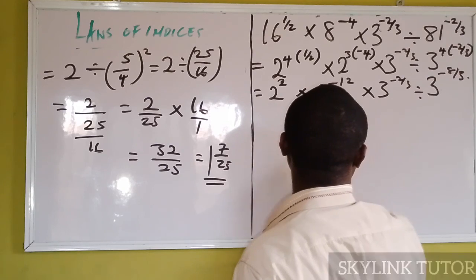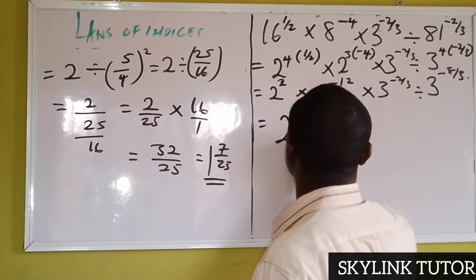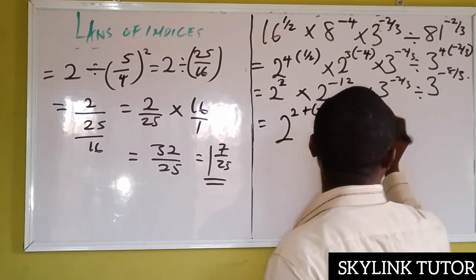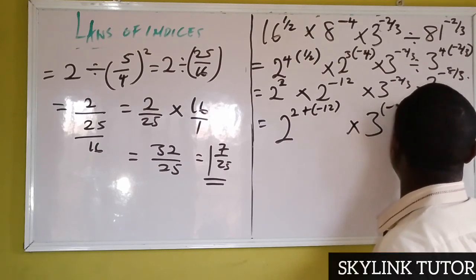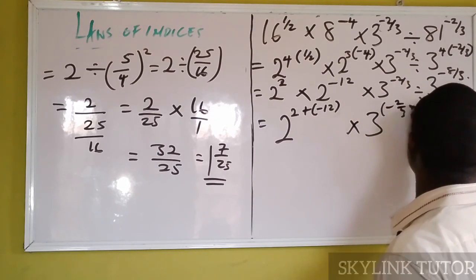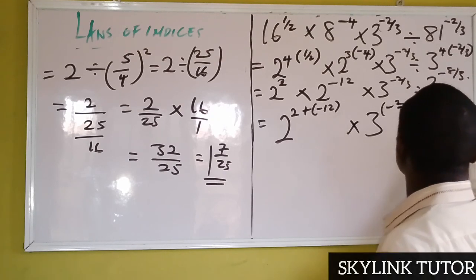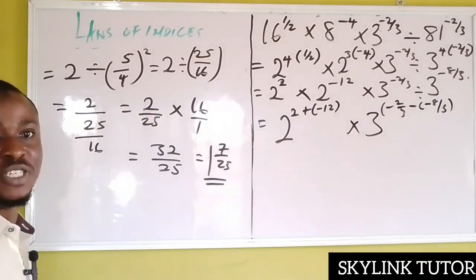So let's group them. According to the law of indices, this is 2, this is 2. We are going to have 2 raised to the power 2 plus minus 12, times 3 raised to the power minus 2 over 3 minus minus 8 over 3. That is what we are going to have if we use the law of indices.